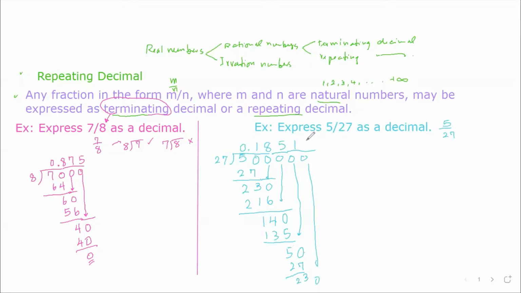So 5 over 27 equals 0.185, repeating, keep repeating. You can write it with another symbol, 0.185 with a bar on top. Either way you can write it. So this example is a repeating decimal.